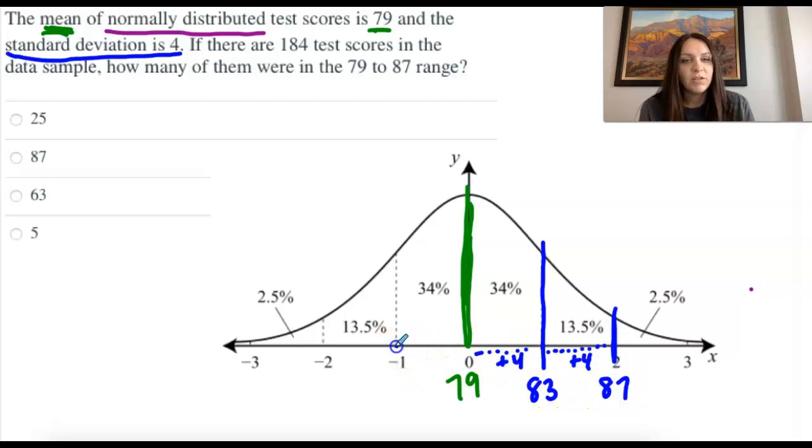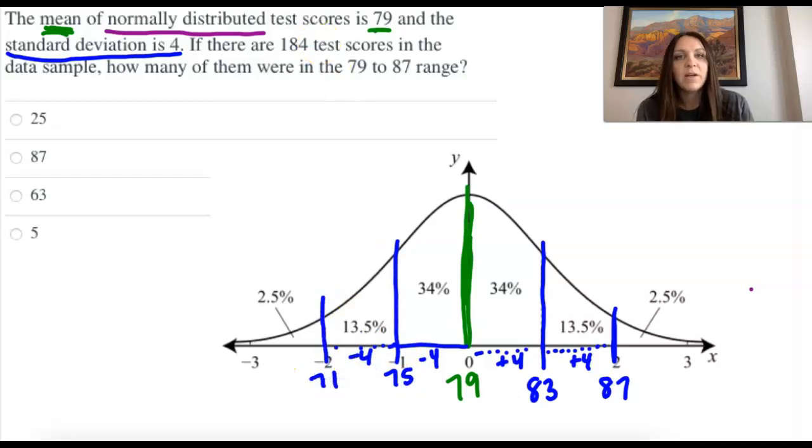And then you would also go backwards. Since the standard deviation is 4, we would take 79 minus 4. So this line would represent 75. Minus 4, this line would represent 71. These numbers that I wrote down here are test scores.